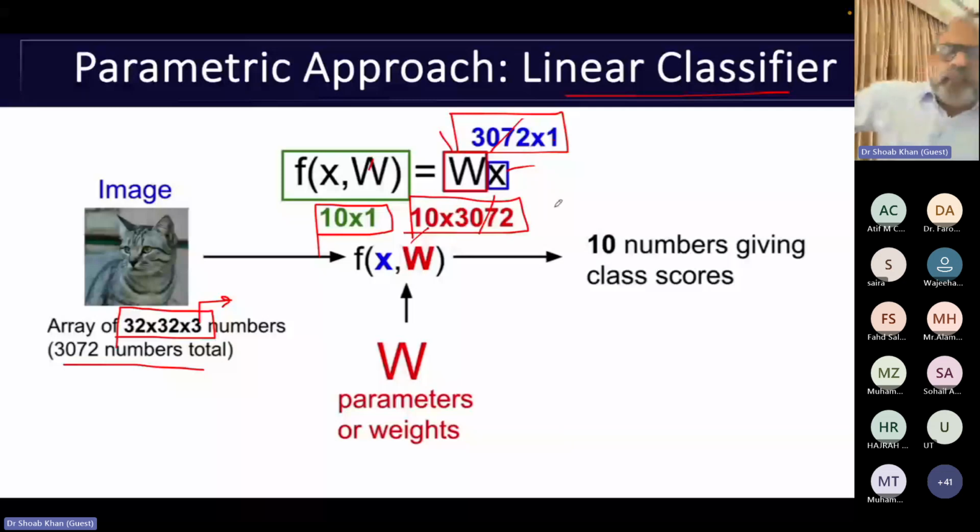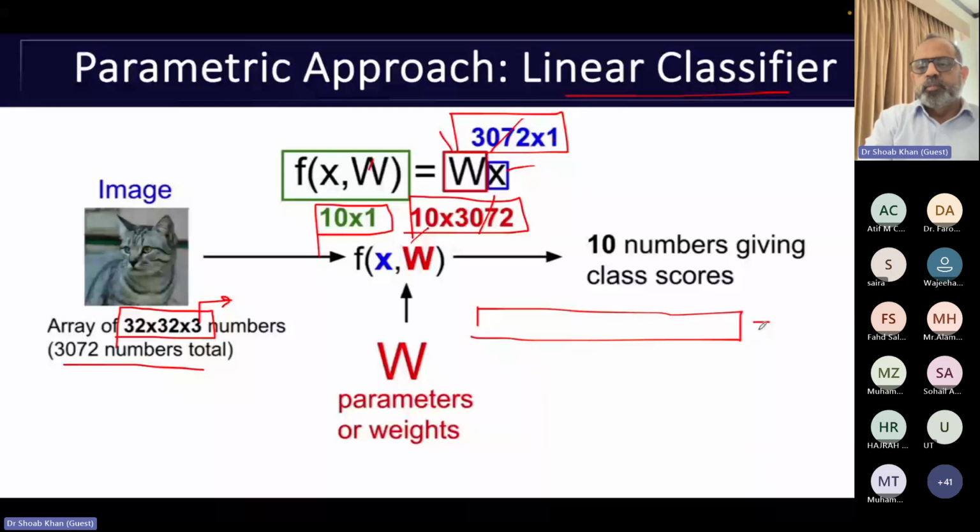Because every weight is multiplied by x, once you see, you are going to see just a simple equation to give you the first output. And this equation will be multiplying these 3072 constant values with 3072 weights.